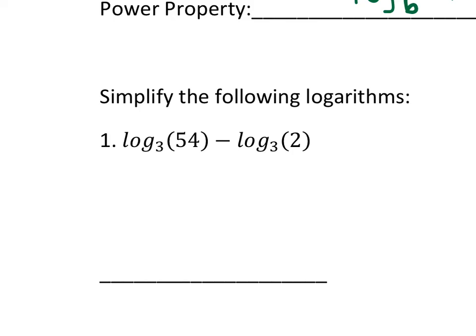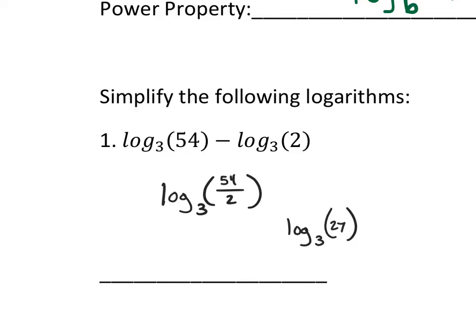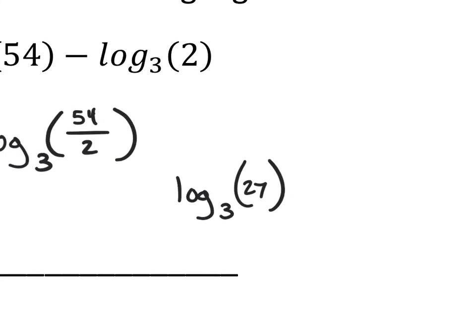So log base 3 of 54 minus log base 3 of 2. That's one of the properties we saw up above, to where if it's subtraction within two logarithms, I can set that up to be division. And 54 divided by 2 is 27. And if you're very familiar with how logarithms work, you might already know what the answer to this is.